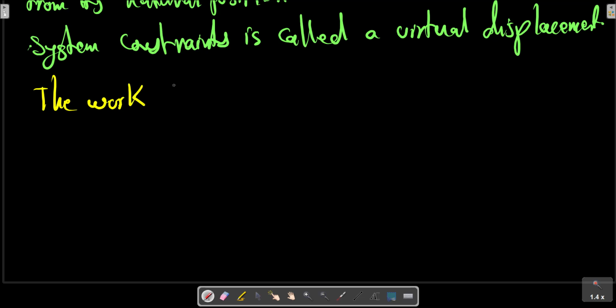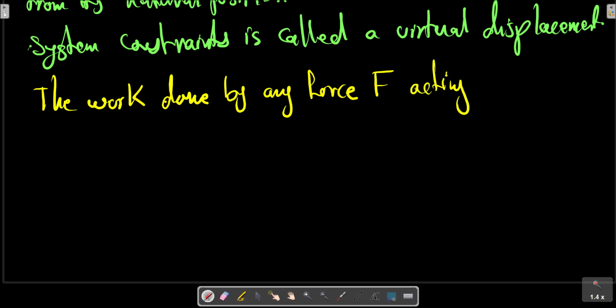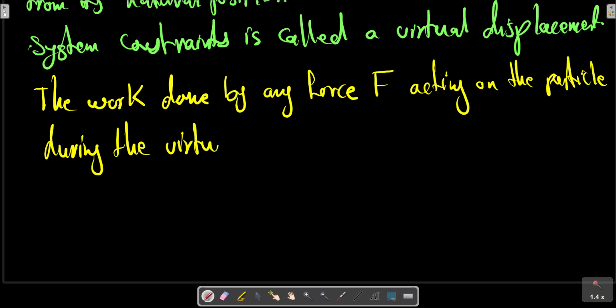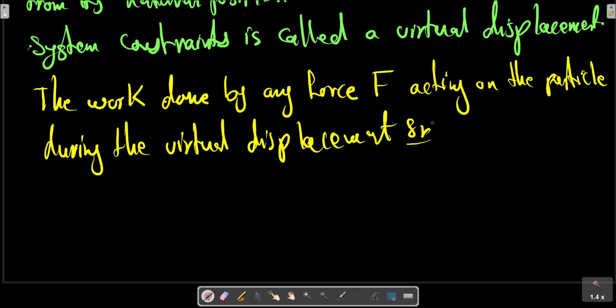The work done by any force F acting on the particle during the virtual displacement delta R is called virtual work.